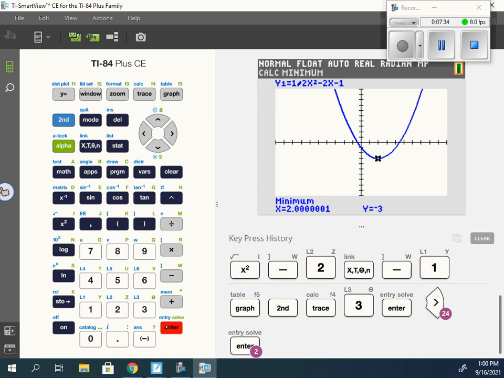Now the numbers might be a little bit different, but really the X value of this vertex is 2, because some of you might have gotten 1.99999 repeated or 2.00001. Either way, the X value of the vertex is 2, and the Y value is -3. Guys, let's focus in here.